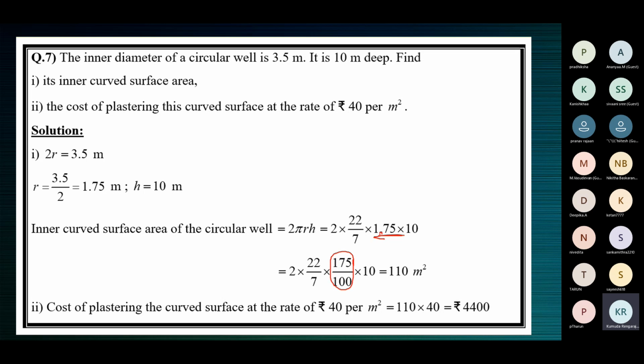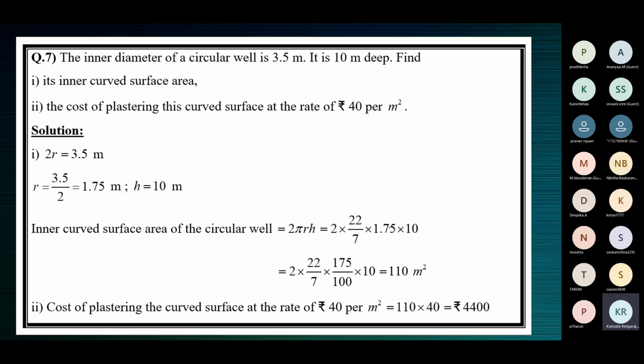We're just getting rid of the decimal point. 1.75 can be written as 175 by 100. If you want to shift the decimal point, it's 175 by 100. We're not changing the unit here because we're dividing by 100.